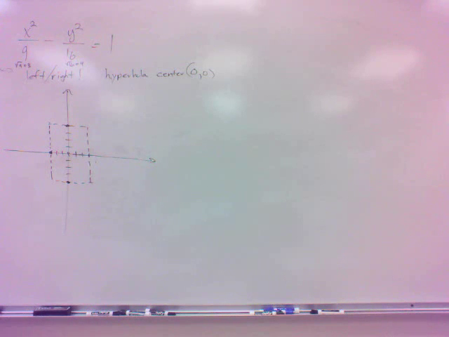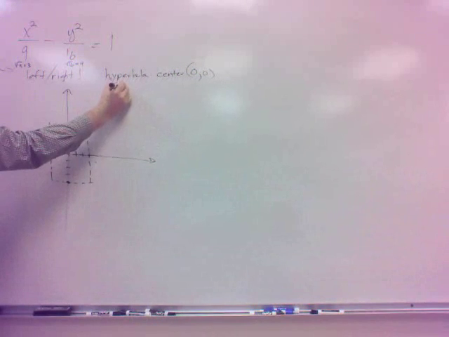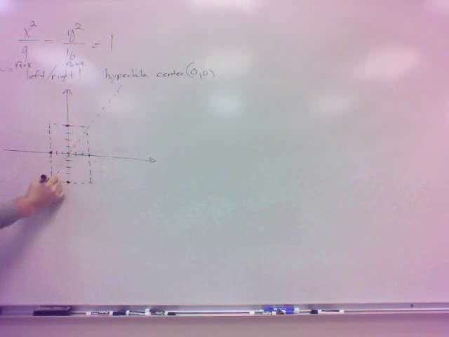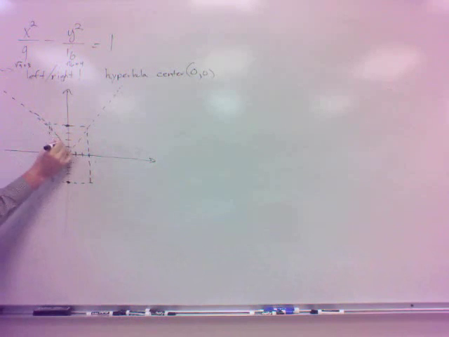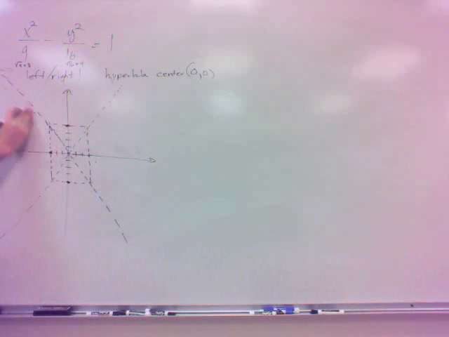The reason I do that is because I mentioned the asymptotes. The asymptotes, those diagonal lines you can draw, turn out to be the extended diagonals of this fundamental rectangle. So draw a diagonal extended through the corners like that. And those are my asymptotes for my hyperbola.